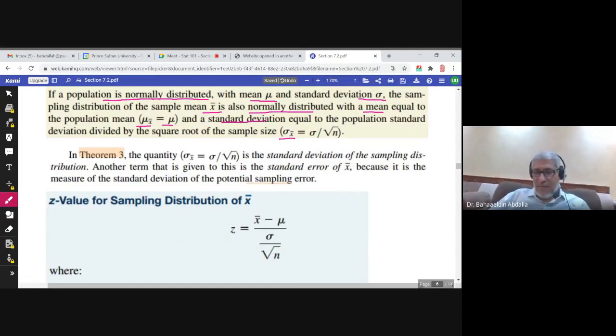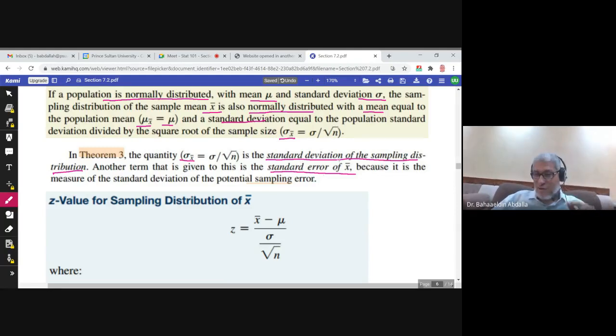Now, sigma X bar, which is the standard deviation of all the sample means, is also called the standard deviation of the sampling distribution. So sigma X bar is called the standard deviation of the sampling distribution, or it's also called the standard error of X bar. The standard error, not the sampling error. Sampling error is X bar minus mu.